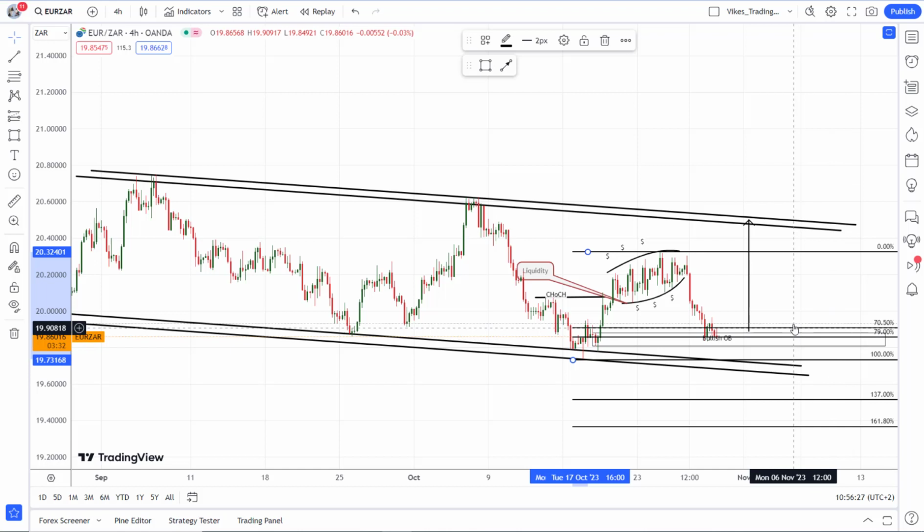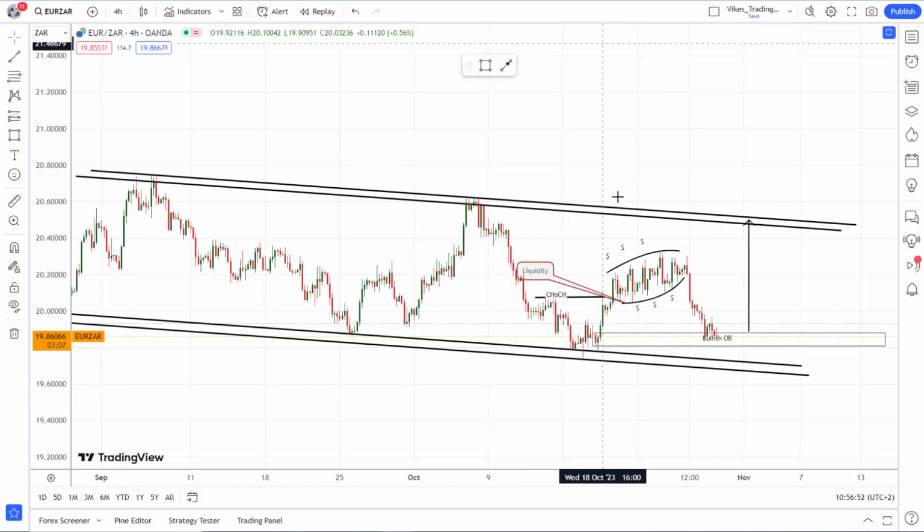So our first signal was here, a bounce from the descending trend line support, then change of character, then liquidity sweep, then price retraced to an OB that confluences with 79%. So that was a very eye-catching place for me to execute this trade.